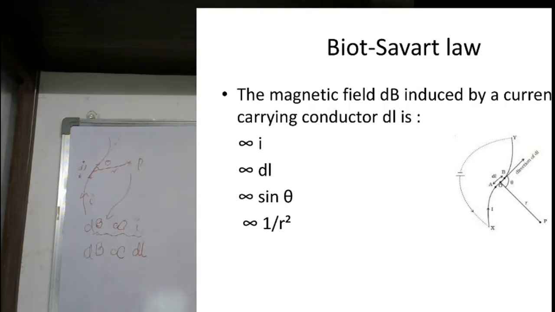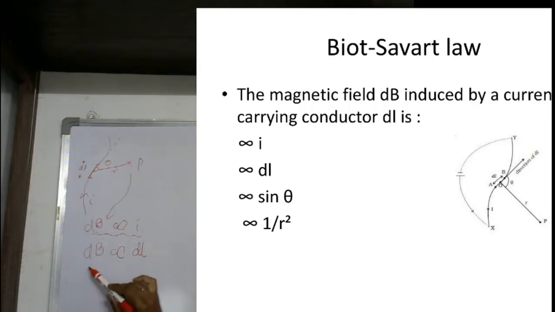Here, the induced magnetic field also increases. Why? Because the length of the conductor is increased. That's why the magnitude of dB is also increased.